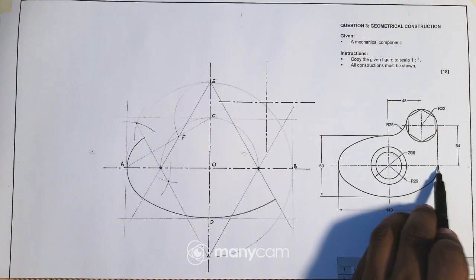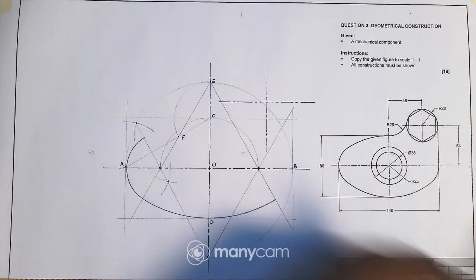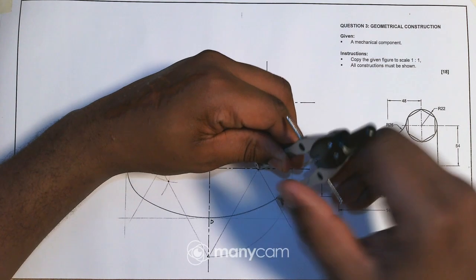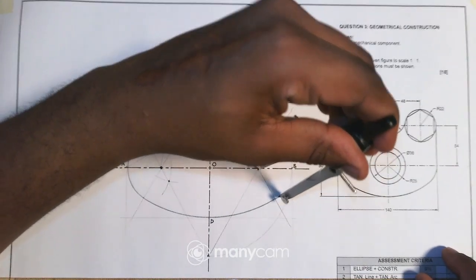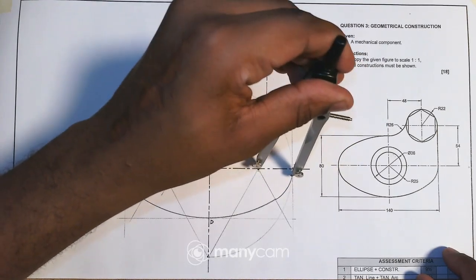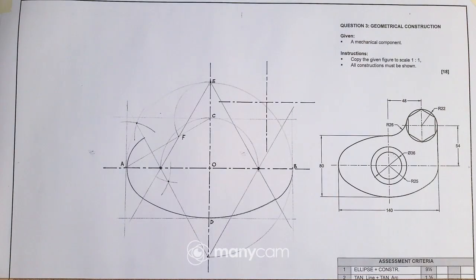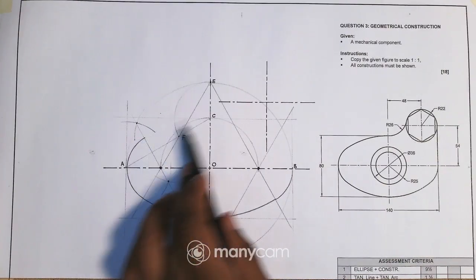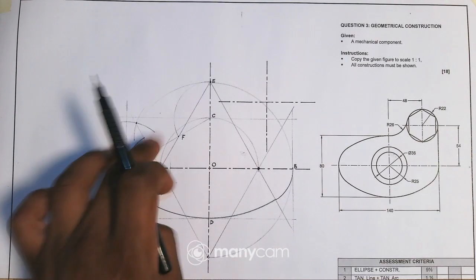It means that I'll have to draw an arc there. I'll take my compass and draw the arc up to point B there. Okay, so we are almost there. For now, I'll just leave this ellipse like this.